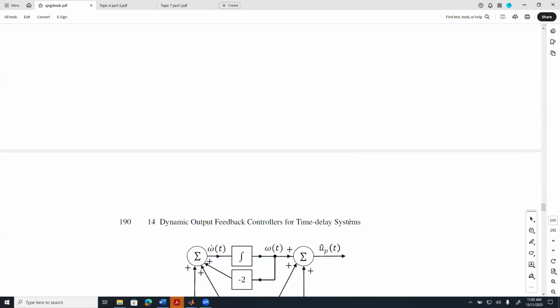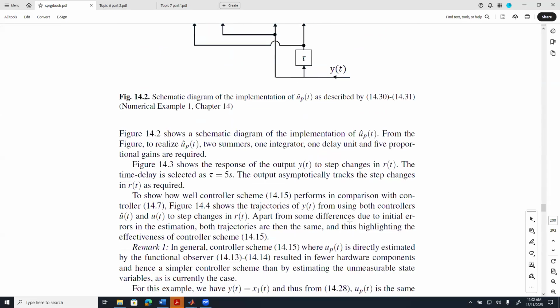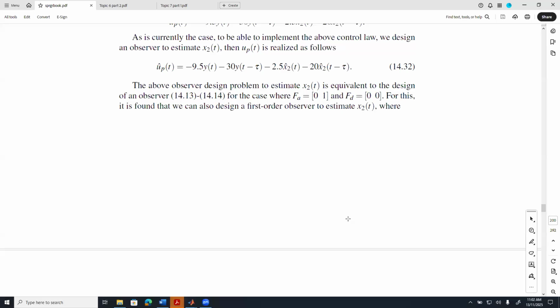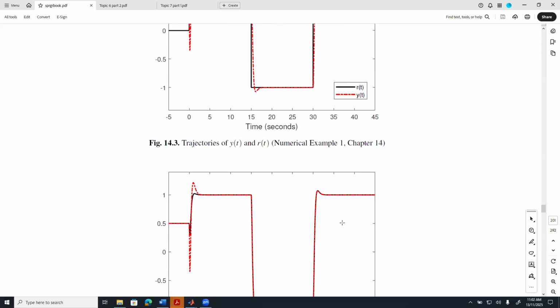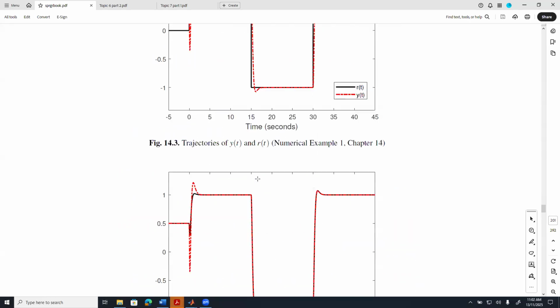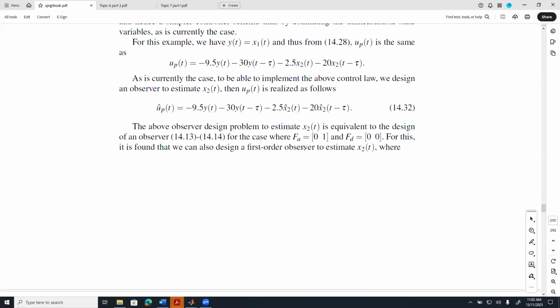So what if we design an observer to estimate x2 of t, the unmeasurable variable? And that's exactly what we are saying here: we can also do that. It's no problem. For this example, we can do that. All right, we can do that. And so this is what we say here.